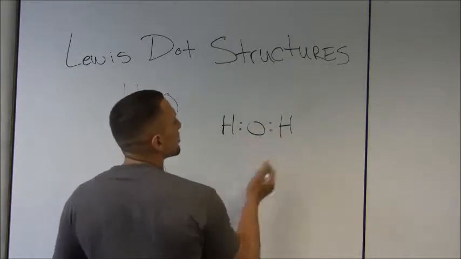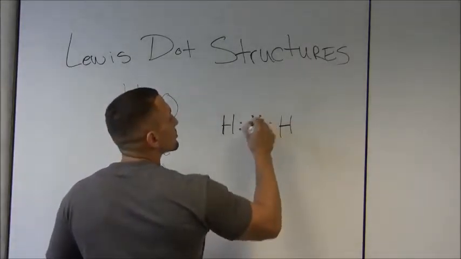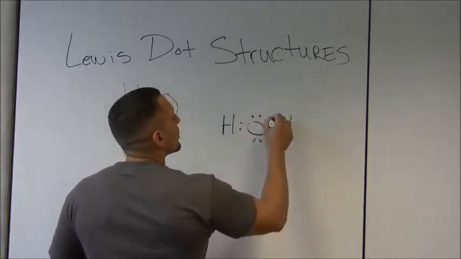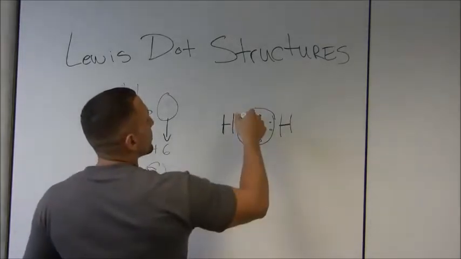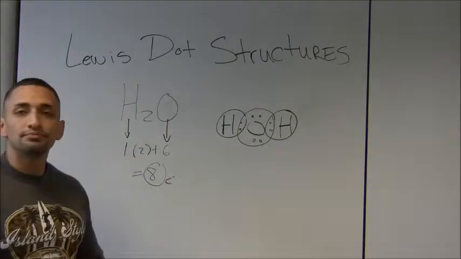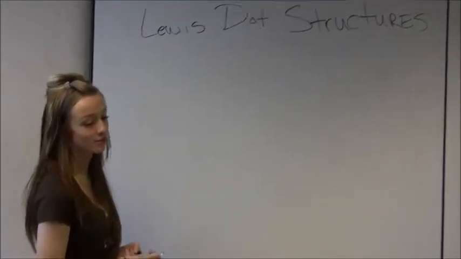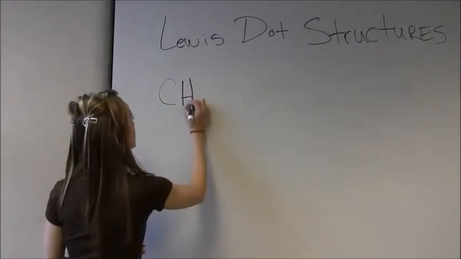So those are complete, but we still have 4 left. We put 2 electrons on top and 2 on the bottom. Oxygen has its octet rule complete. That's 8 valence electrons, and the hydrogens have their 2. And there it is.